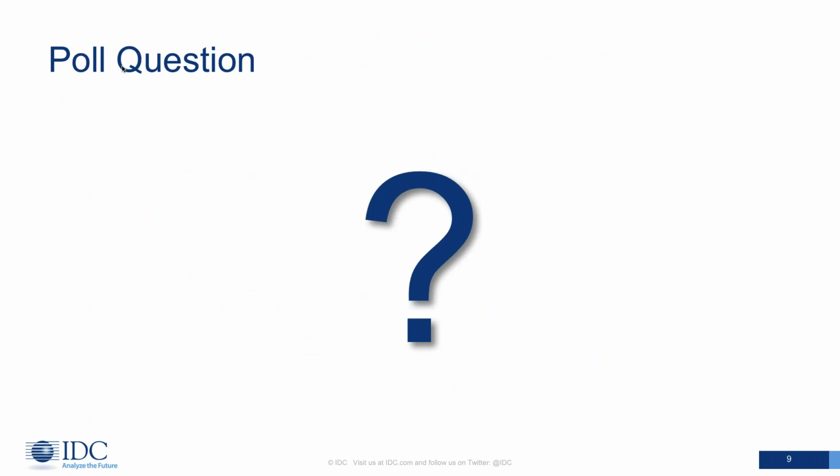I think we have a poll question coming up. Yep, so let me go ahead and launch the first poll, which is if you're implementing SDN, which of the following factors is the primary motivation? I think it says pick multiple, but we'll ask you to pick one. So do you have the agility to support virtualization in cloud? Are you looking to have automation and programmability for OpEx and be more efficient?